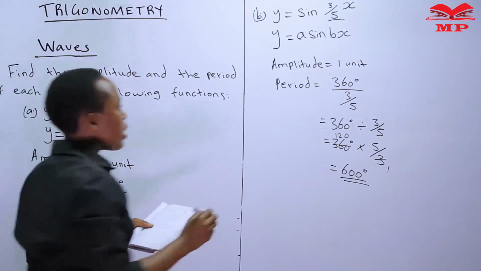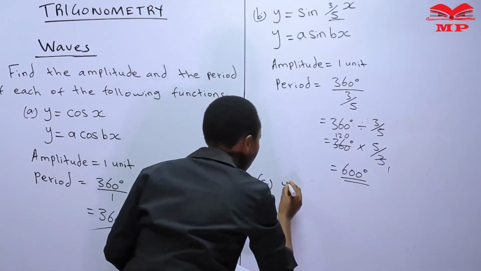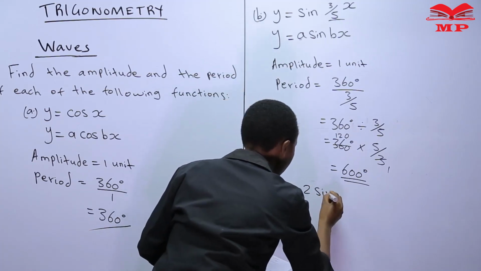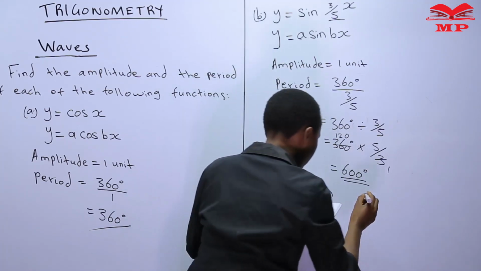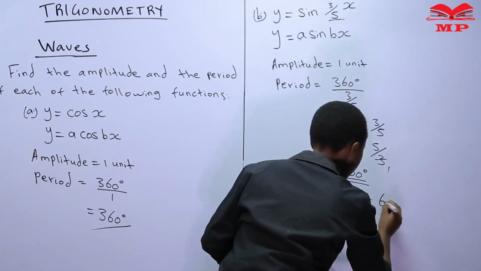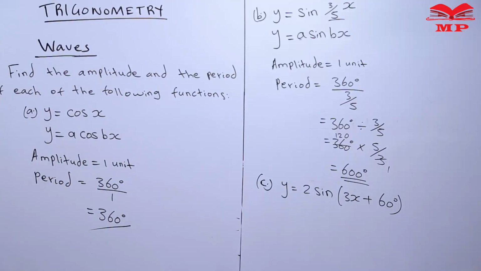Again, number C, we can do another one. We have y is equal to 2 sine 3x plus 60 degrees. We have to determine the amplitude and also the period.